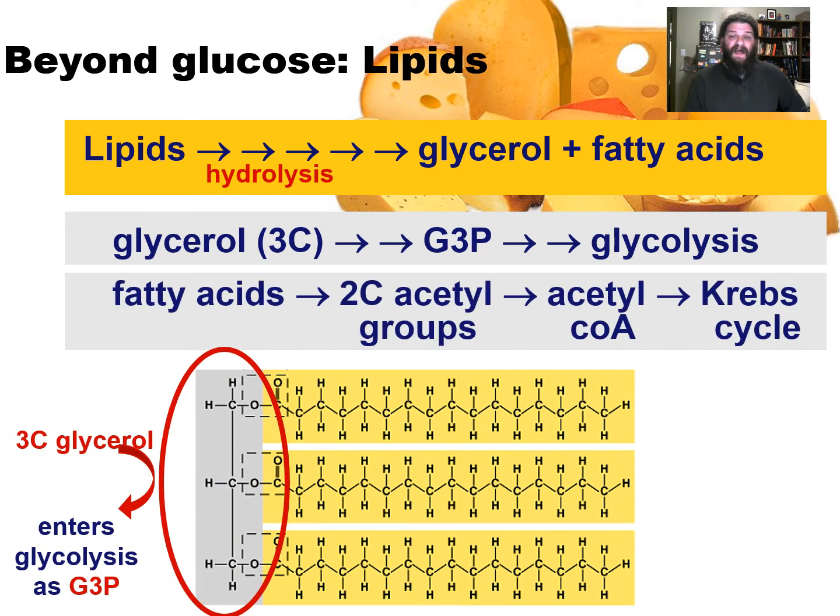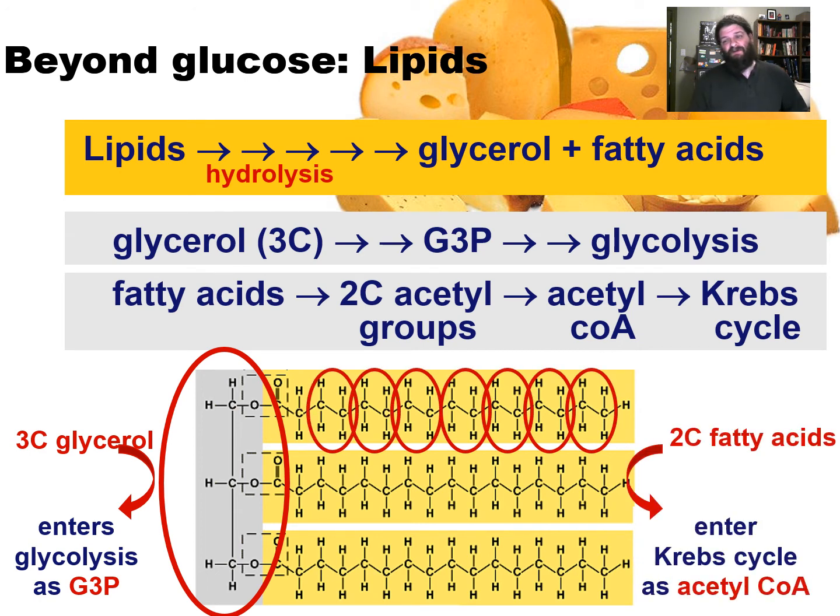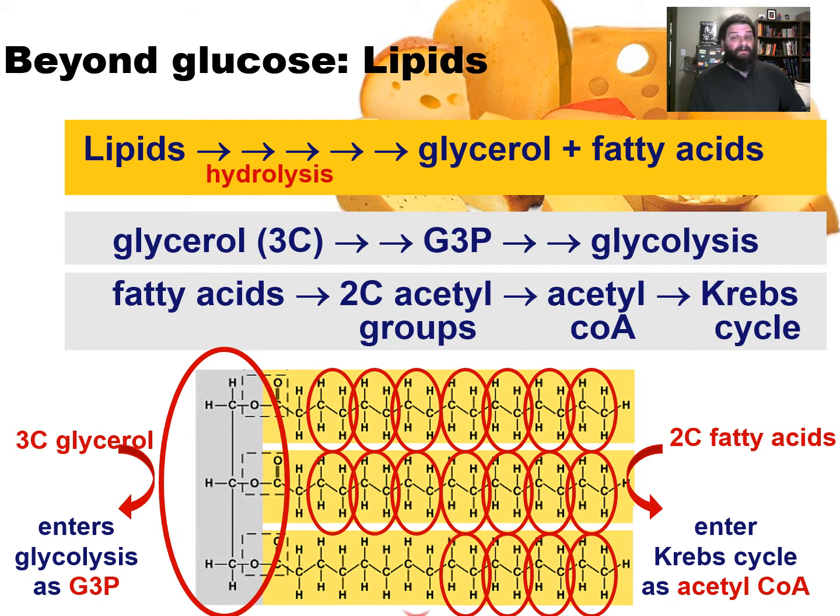The fatty acids can be converted then into little 2-carbon acetyl groups, which are then converted into acetyl coenzyme A, and that can enter the Krebs cycle directly that way. Because lipids have so many little acetyl groups in them, they can be pretty good sources of fuel.